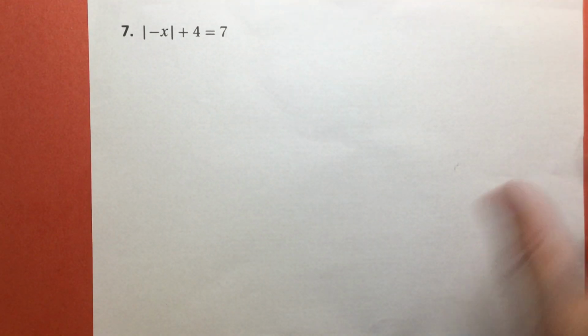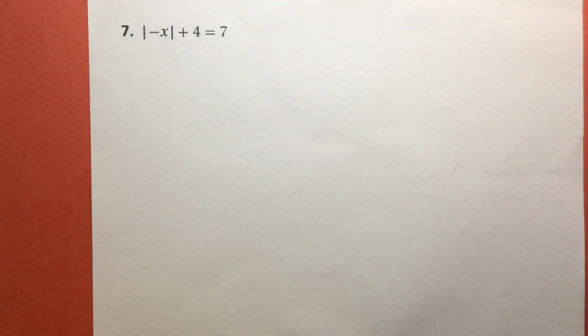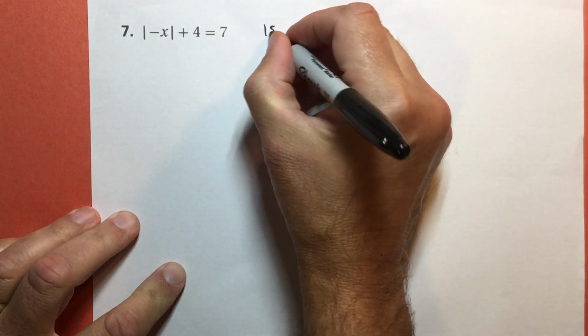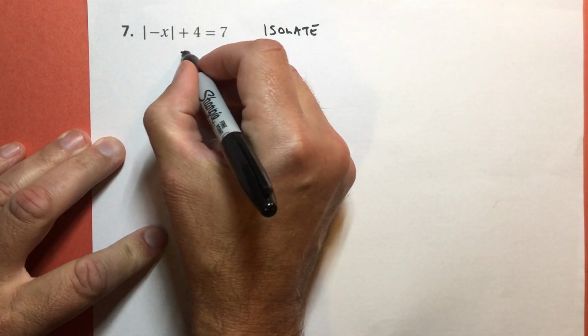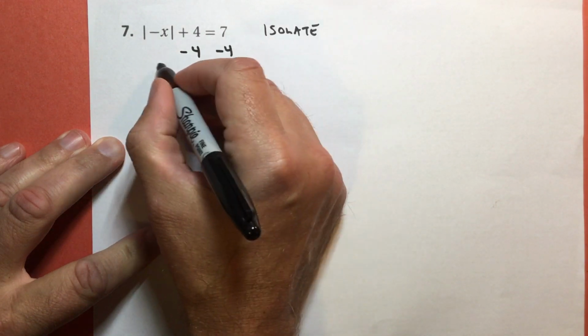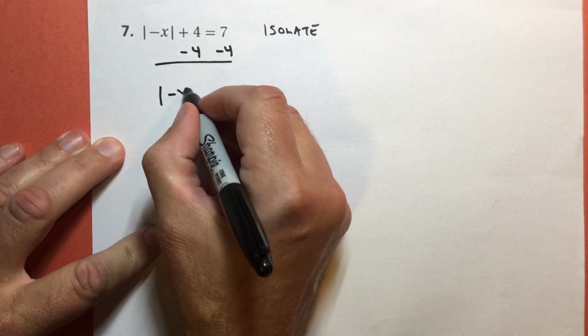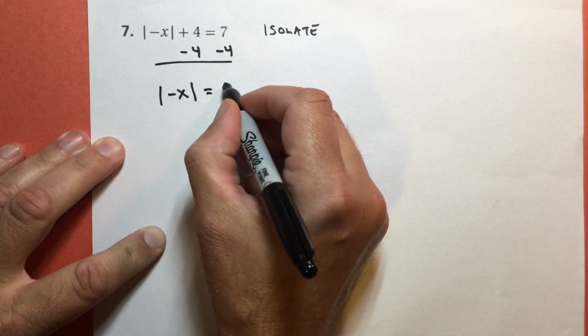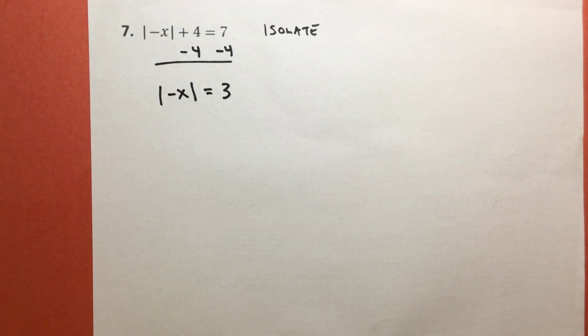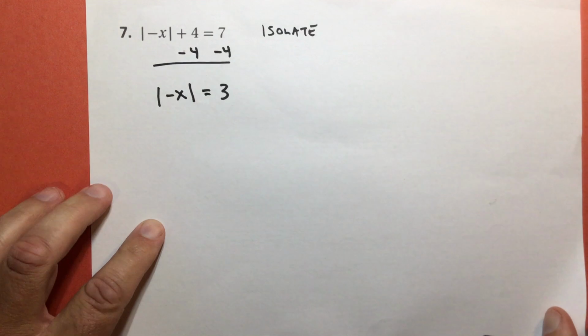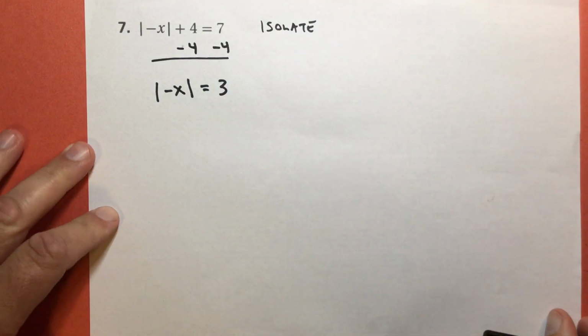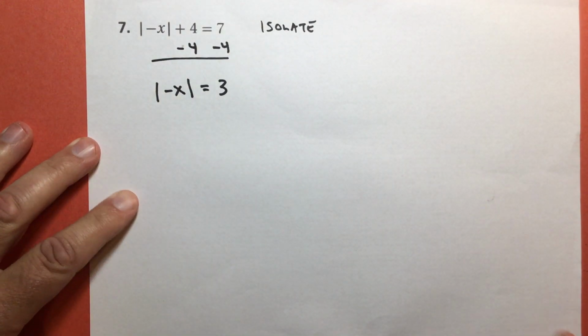We'll do one more in this section. Again, I have to isolate the absolute value bars. So I'm going to subtract 4 from both sides, and I get the absolute value of the opposite of x equals 3. Now, let's go ahead and solve this the way we were talking about it, because I think that negative sign might be a little confusing, and then we'll go back and see if there was something that actually helped clear that up.